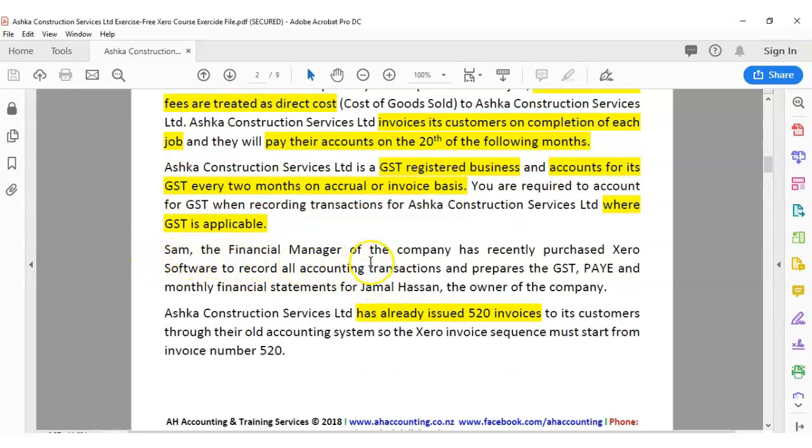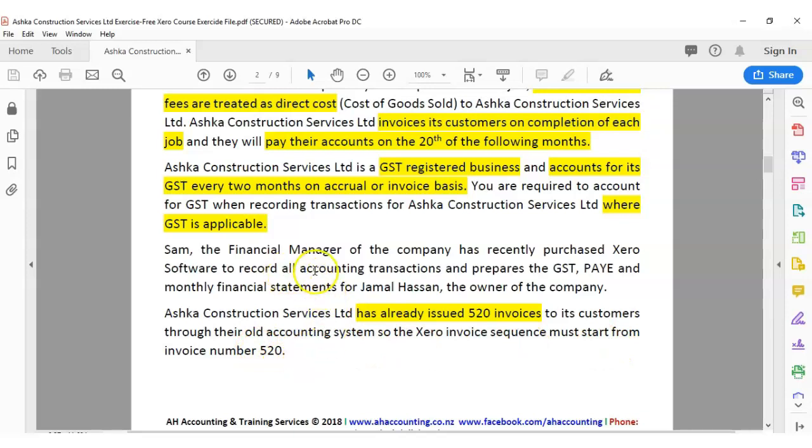Sam, the financial manager of the company, has recently purchased Xero Software to record all accounting transactions and prepare GST, PAYE, and monthly financial statements for Jamal Hassan, the owner of the company. Ashker Construction Services Limited has already issued 520 invoices to its customers through their old accounting system, so the Xero invoice sequence must start from invoice 520.